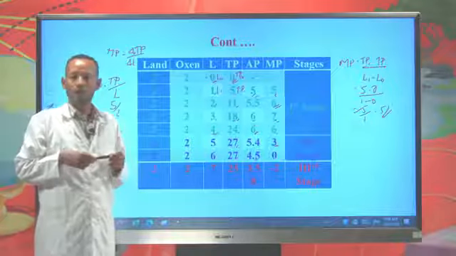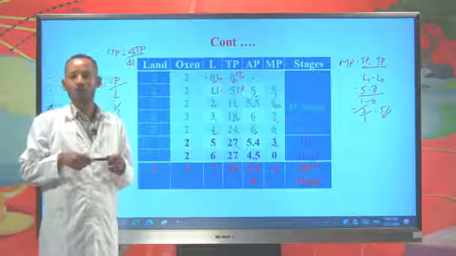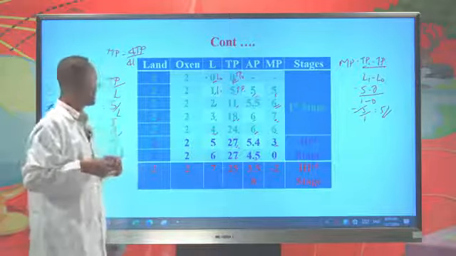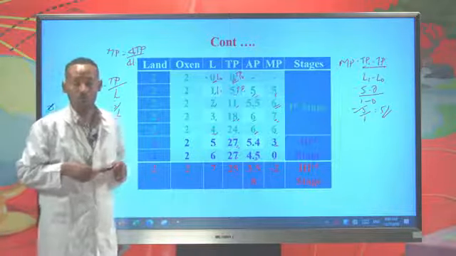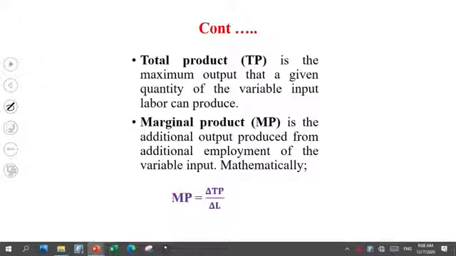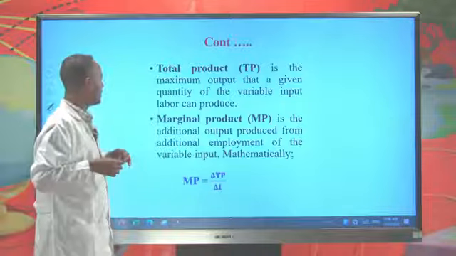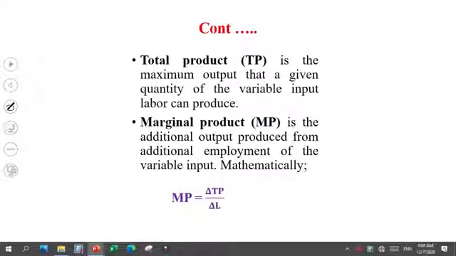That means with additional implement of the variable input labor, there is a negative output produced from the given combinations of inputs. This is the total product. Total product is the total output produced from the given variable inputs, and the marginal product is the additional output produced from additional implement of the variable input labor.